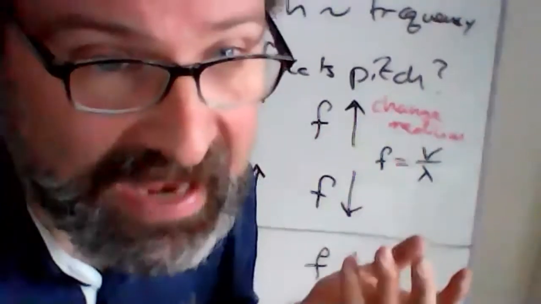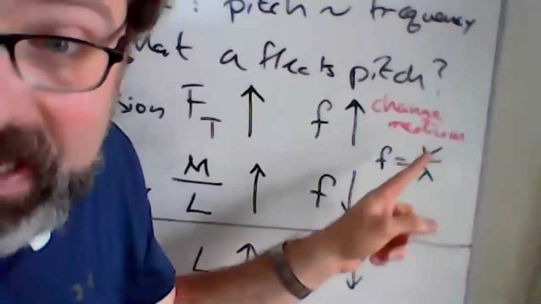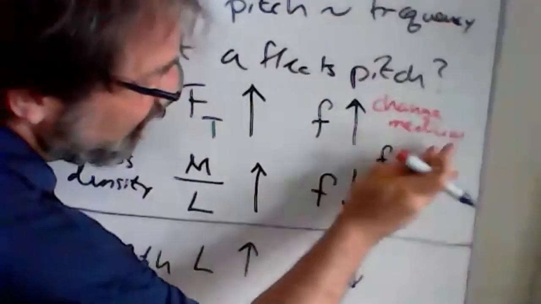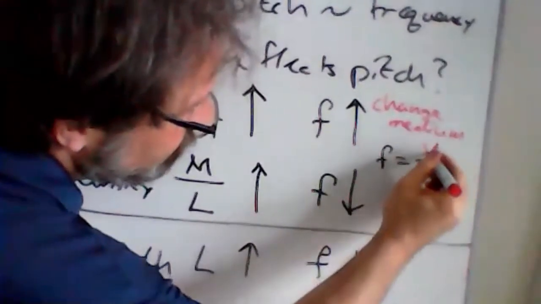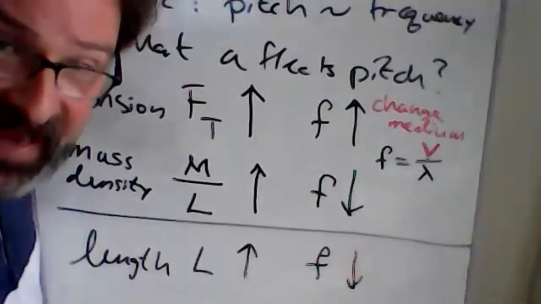But through steel, sound travels really fast compared to air, and it travels really well. So when we change the medium, we change the wave speed. This is the changing factor there, and we can put that in red, because that is the changed thing in that case.